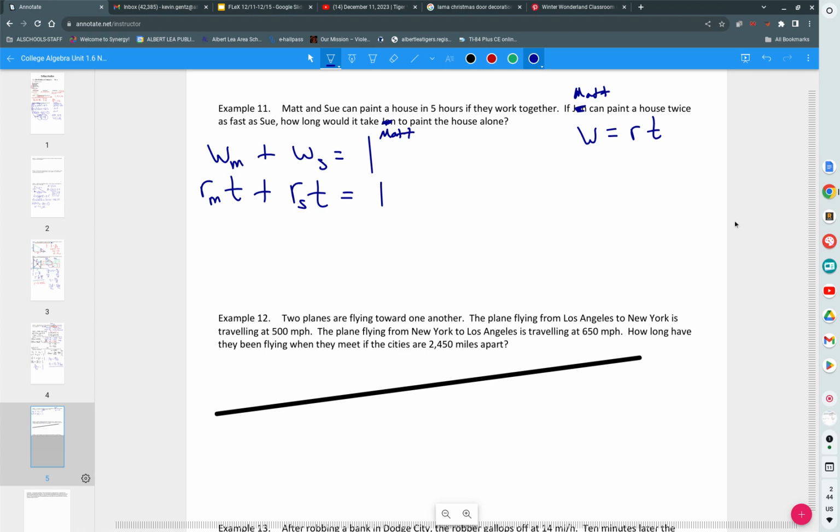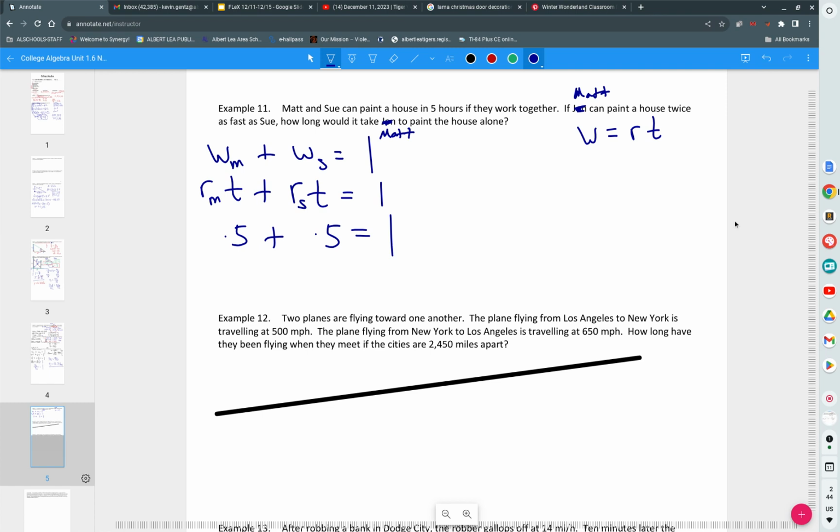True or false? Their rates are the same. False. True or false? The amount of time that they spend painting the house together is the same. Yeah, they're spending 5 hours, right? So we can plug in 5 for T. So we got times 5 and times 5. So what we need is to fill in the rates there.